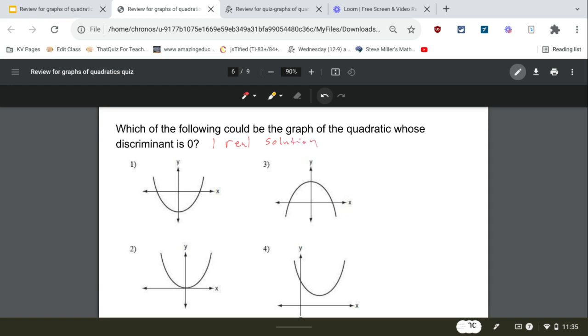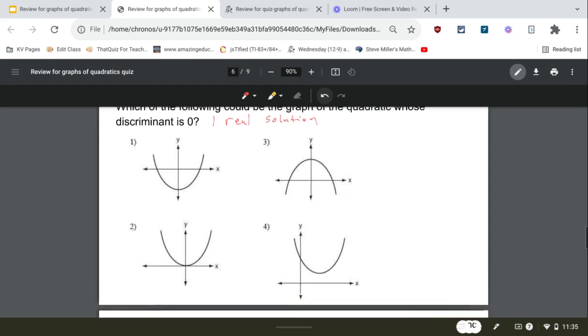Graphically, that just means it's going to touch the x-axis one time. So it's got to be that one. Options 1 and 3 here touch the x-axis twice, so they have 2 solutions, and that would mean that the discriminant is positive in those cases.